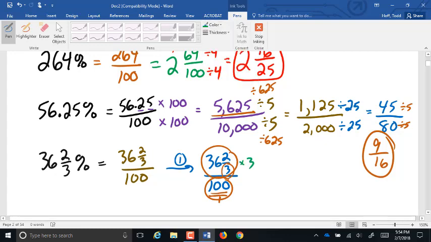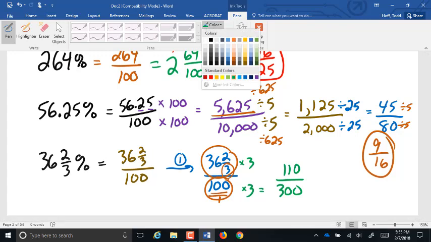So I can multiply both the numerator at the top and bottom of this fraction by 3. 100 times 3 is 300. 36 2/3 times 3 ends up being 110. I'll leave it up to you guys to multiply that out in your notes or on your own if you want to.